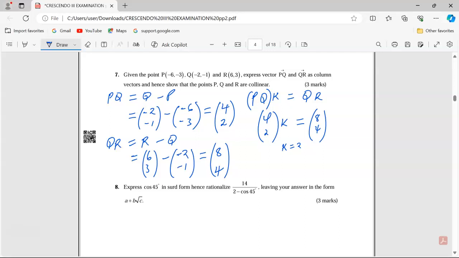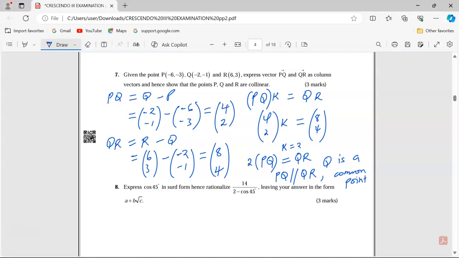So vector PQ should be multiplied by 2 to give us vector QR. And so we can say 2 multiplied by PQ gives vector QR. This is an indication that PQ is parallel to QR, and that point Q is a common point.